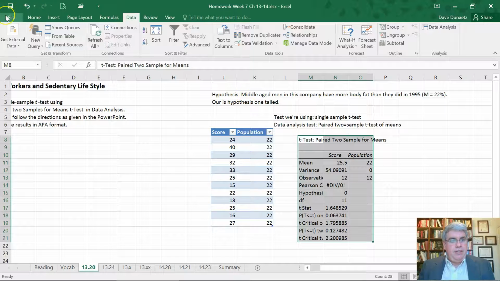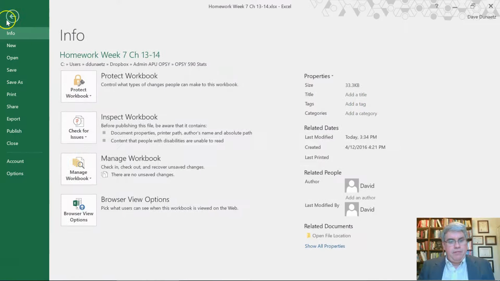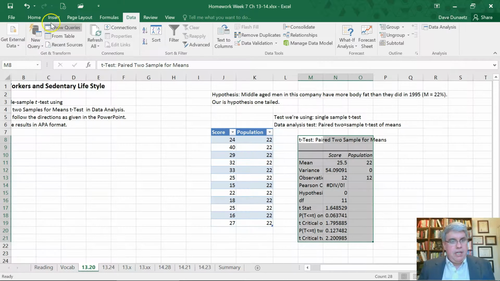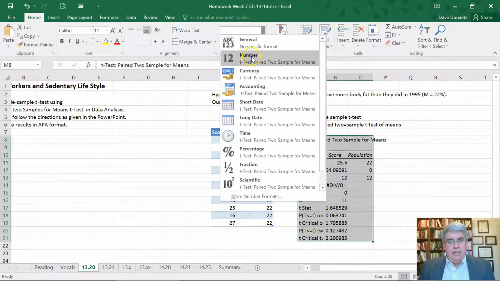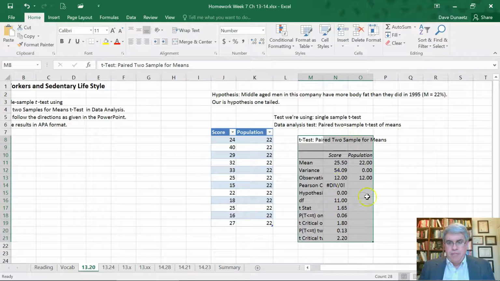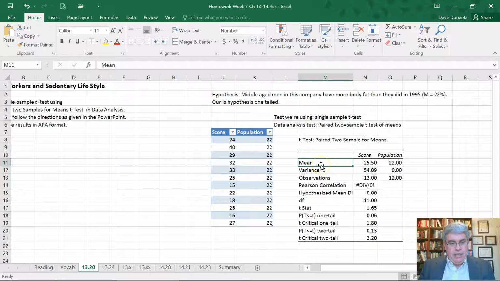Now let's round numbers off. Go to home and then number. And so what are the things that are important? Let's be able to read this. The mean of 25 is important. The n of 12, the observations, that's n.